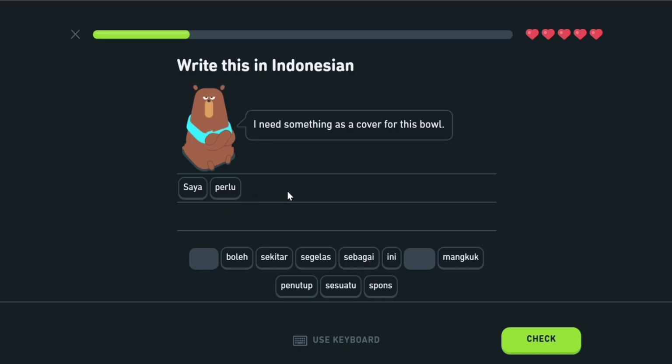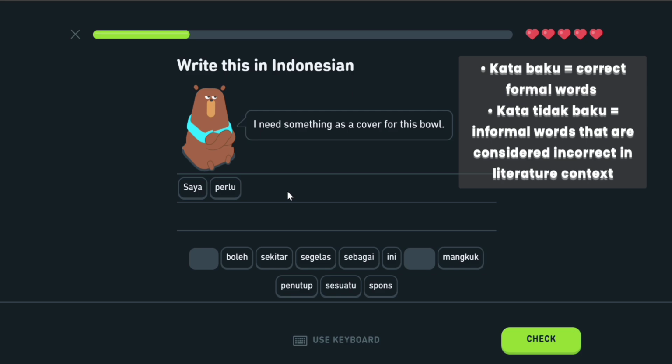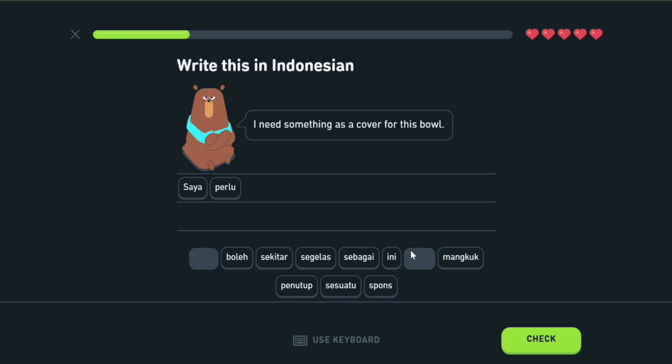So in Indonesian, there's actually kata baku and kata tidak baku. It's basically just formal versus informal words. And learning it is helpful to differentiate whether you need to talk informally or formally.